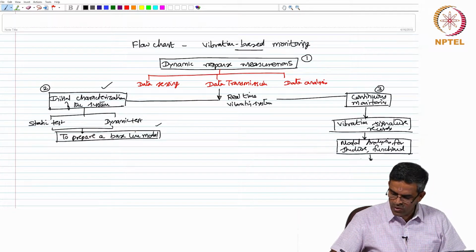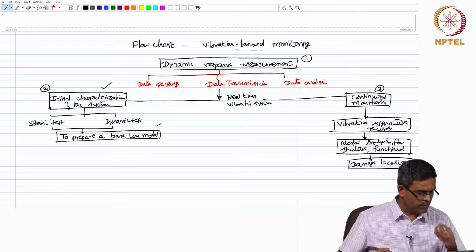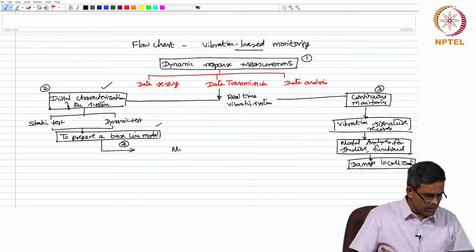So, based on this value, one can then achieve damage localization, both these data put together will update the model.